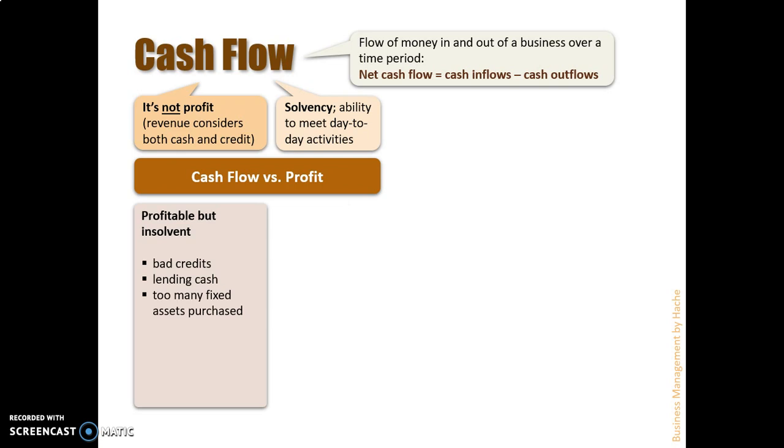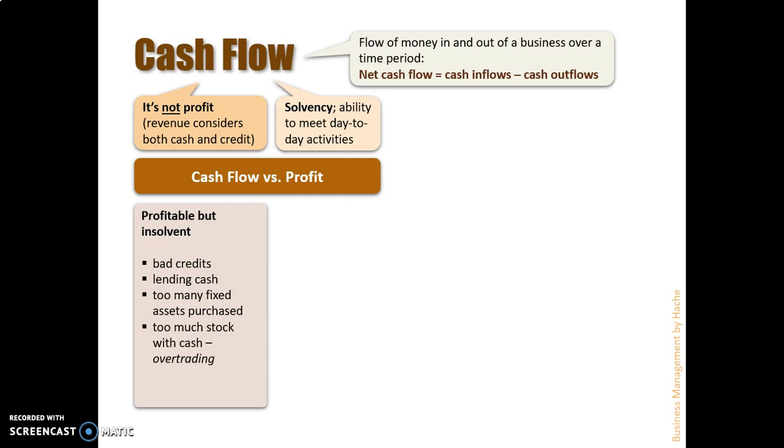Too many fixed assets purchased at the same time would also be a problem. Using that cash, investing that cash to buy a lot of assets at one moment would end up, again, leaving the business without any cash to keep functioning in the following months. So you have to have that clear, not to buy too many assets at the same time, especially the fixed long-term assets.